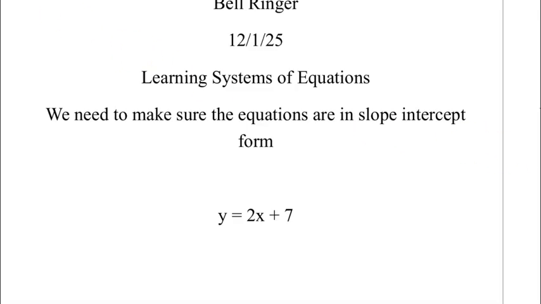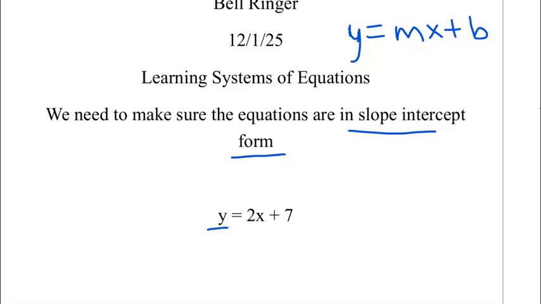All right, let's do this first one here. Very important, I want you to underline this. We need it in slope-intercept form. So slope-intercept form is y equals mx plus b. That's slope-intercept form. This one's good because you got y equals and then mx and then b.